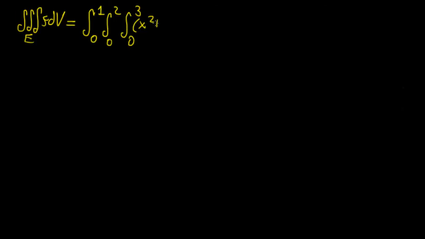We have the triple integral of our function dV on the region E. We start with the limits on x, 0 to 1, then the limits on y, 0 to 2, and the limits on z, 0 to 3. Our function is x squared plus y plus z, and now we're going to integrate dz dy dx.